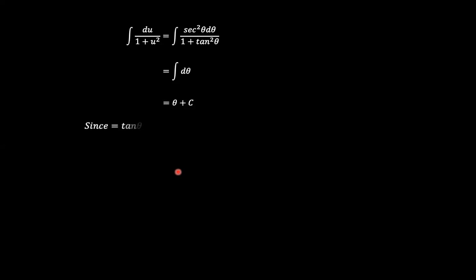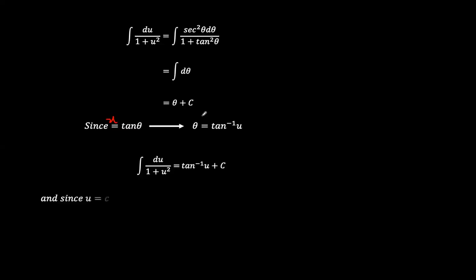And since we set tan theta to be equal to u, sorry, I missed u here, then it means that theta is the arctangent of u, and so the integration of 1 over 1 plus u squared is the arctangent of u plus integration constant.